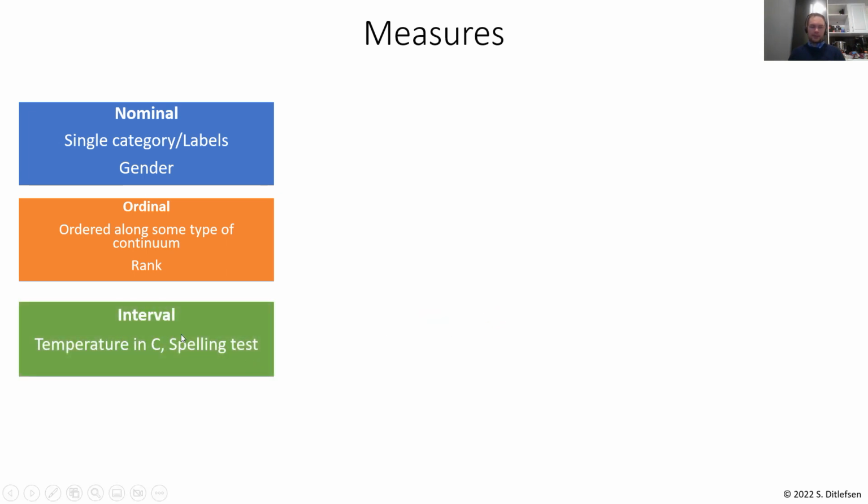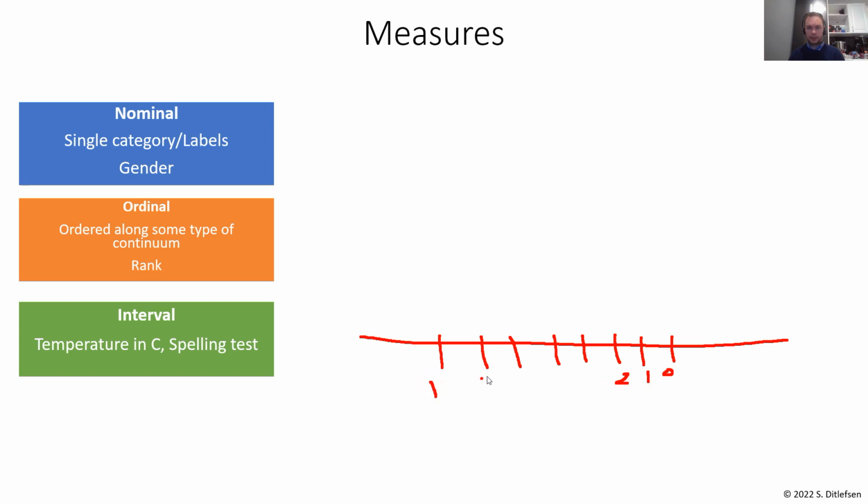Okay, and then we have interval. And interval, it's something that has an interval between them. So if you think of some measure, and there's like an even interval. So for example, the temperature in Celsius or Fahrenheit, they have like interval, 1 degree here, 1, 2, 3, 4, 5, 6, 7, 8.